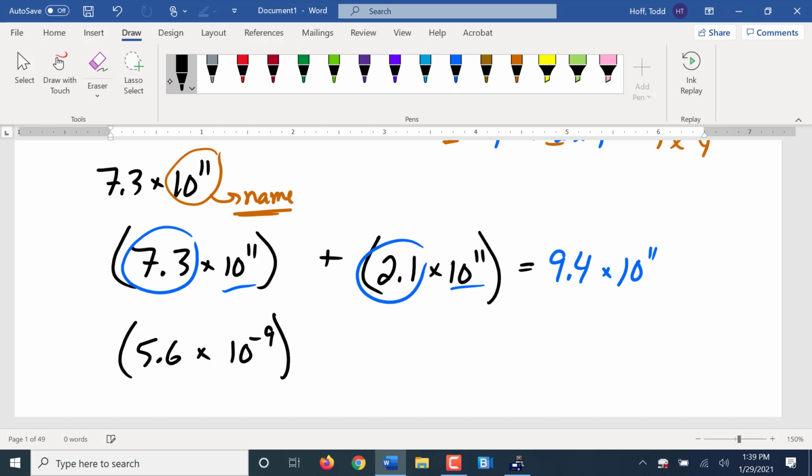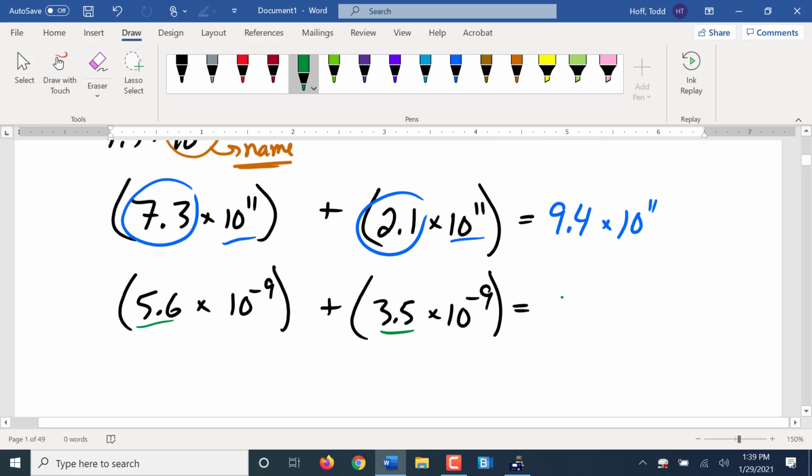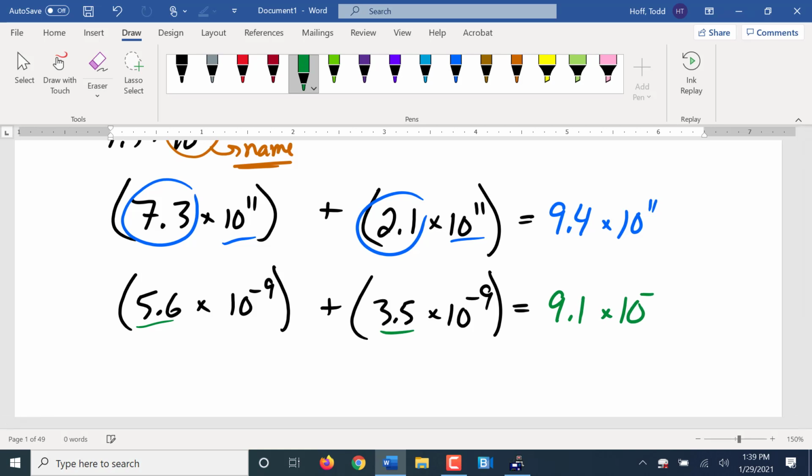Now (5.6) times 10 to the negative 9th plus 3.5 times 10 to the negative 9th. We combine the counts. 5.6 plus 3.5 is 9.1 times 10 to the negative 9th. We just keep the same name.